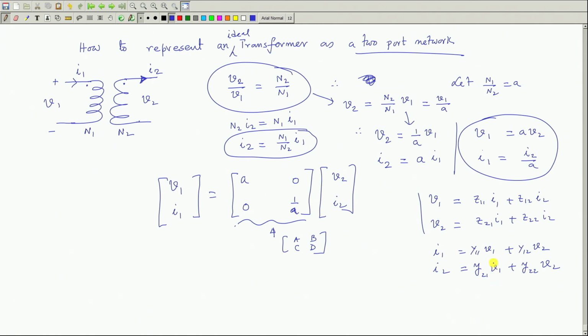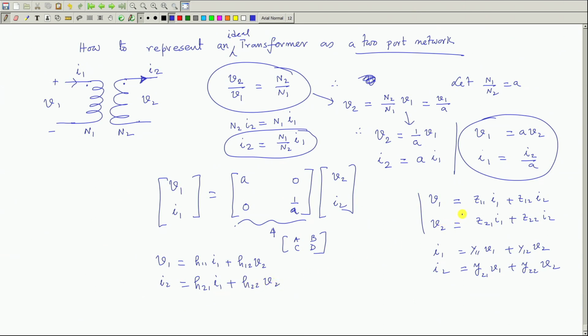Can I write it in h parameters mode? For example, is it possible to write V1 and I2? V1 is equal to what? H11 into I1 plus H12 into V2, is it not? And I2 is equal to H21 I1 plus H22 into V2.